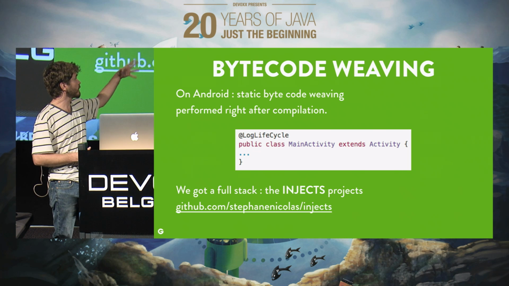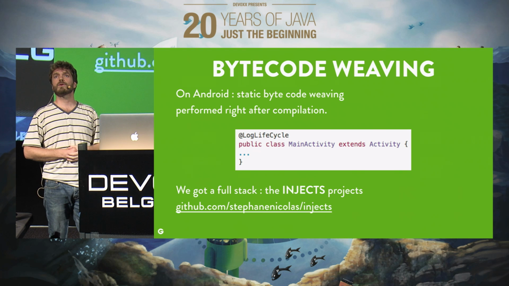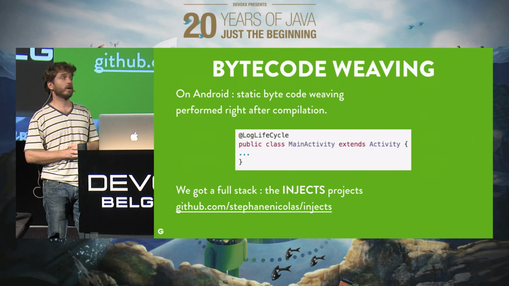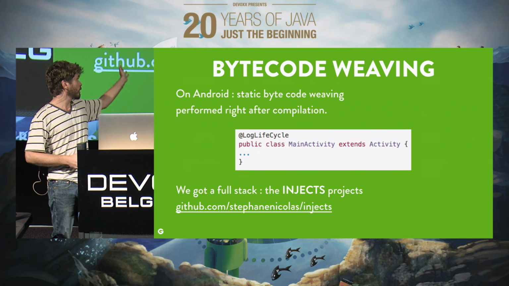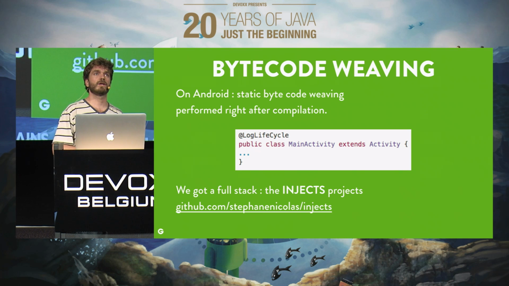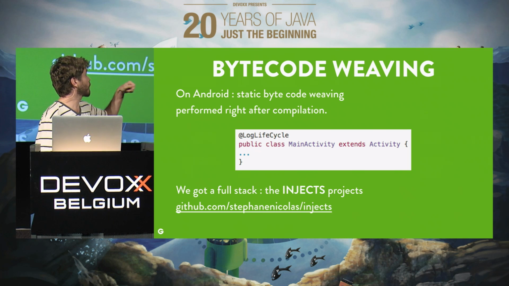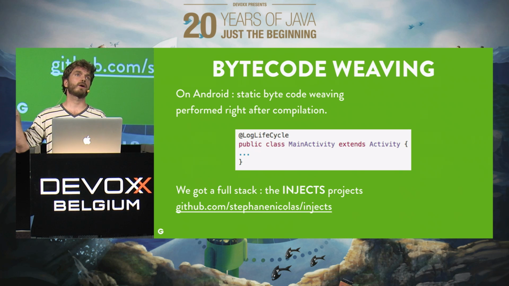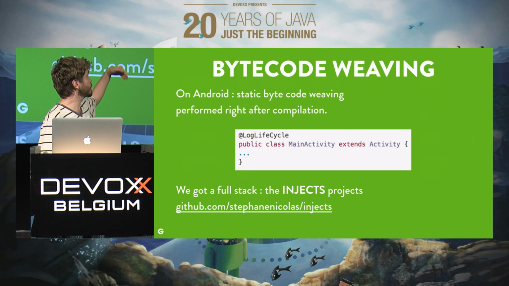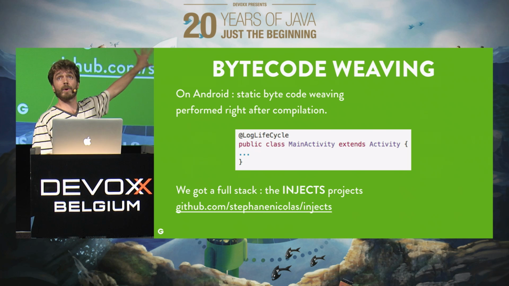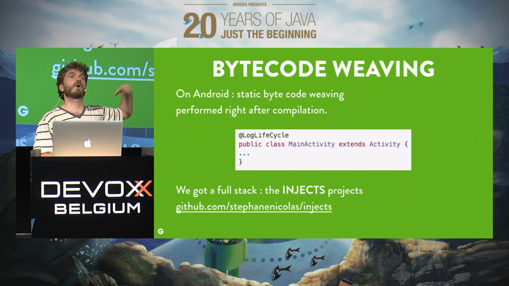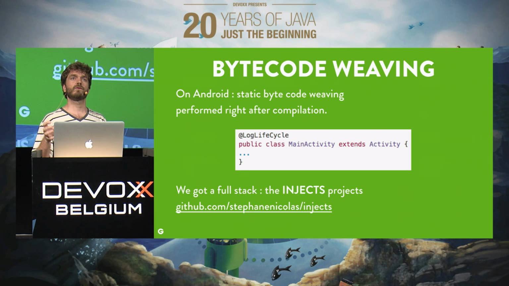For instance, this is an example of a library we've developed using bytecode weaving on Android. Let's say you got an activity, like this main activity that extends Activity. You just annotate it with a simple annotation, like @LogLifecycle. You add a Gradle plugin. And what we're going to do is scan the bytecode of the main activity class to identify all the methods that are lifecycle methods of your activity.